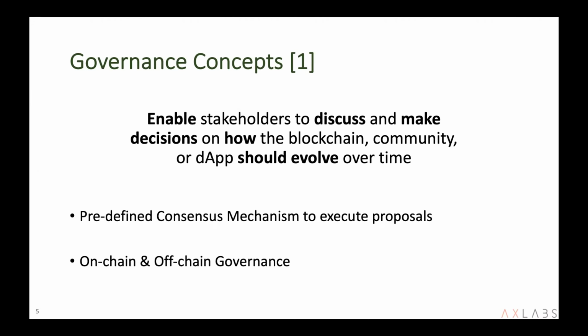So this predefined consensus mechanism is important to enable these decisions and to execute proposals, etc. This governance, this mechanism, these things can be on-chain or off-chain. You have on-chain governance and off-chain governance.